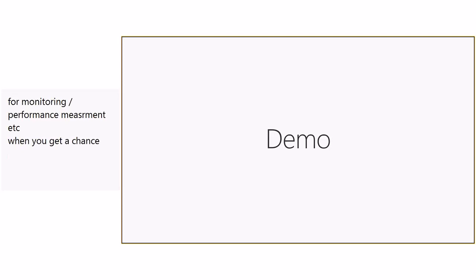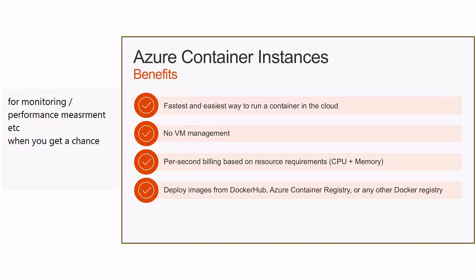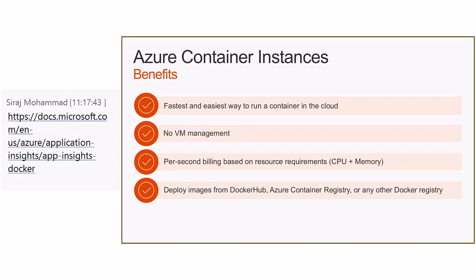Okay, what are the benefits of container instances? Why do we need another container service when we already have container service or App Service, which allow us to run web apps in containers? Okay, first of all, this is the fastest way to run a container in the cloud.